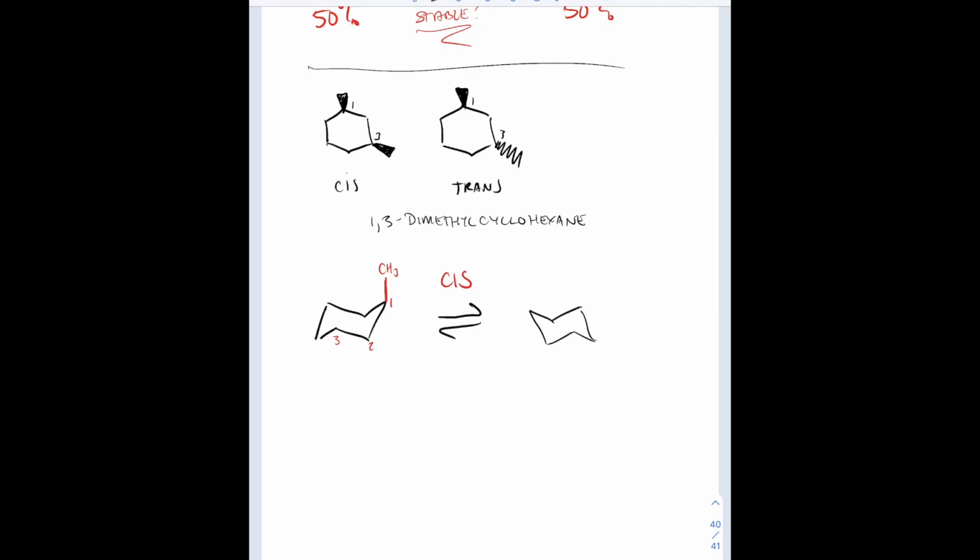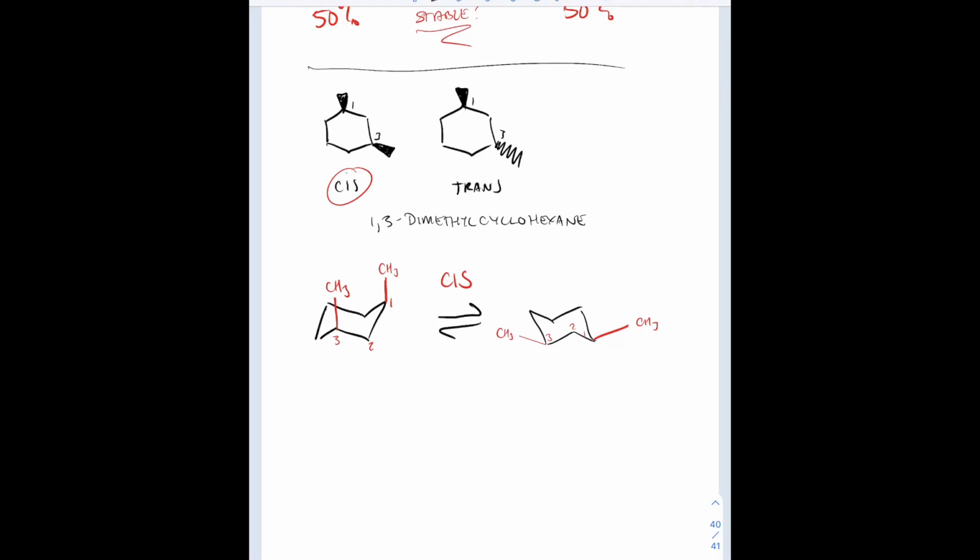And then at the 3 position, since it is a methyl and it is cis on the same side, this is an up methyl. That means we need an up methyl over here. And there you go. Once you do that ring flip, so that's 1, 2, 3, that means we have to have an up methyl here and an up methyl here.